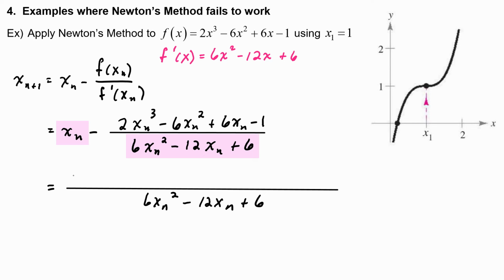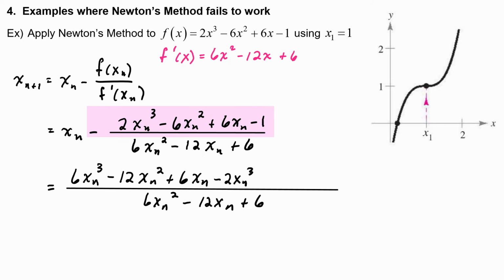So that's going to equal 6 times xn cubed minus 12xn squared plus 6xn. Then we will have to distribute this negative sign to all four terms in this second rational expression here. So we will have minus 2xn cubed plus 6xn squared minus 6xn plus 1.